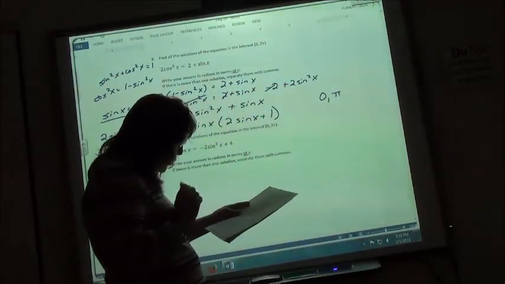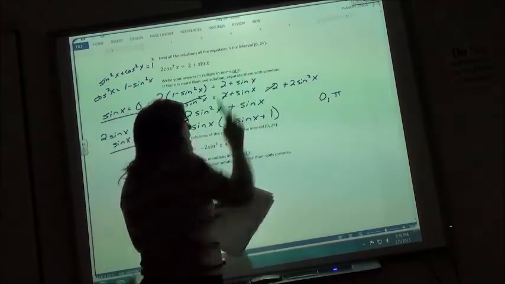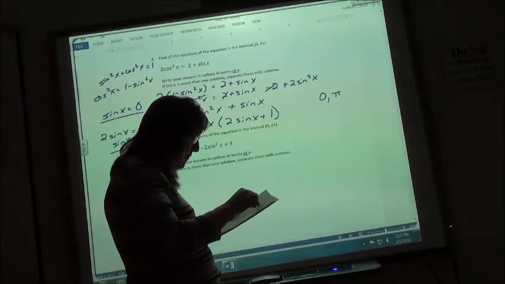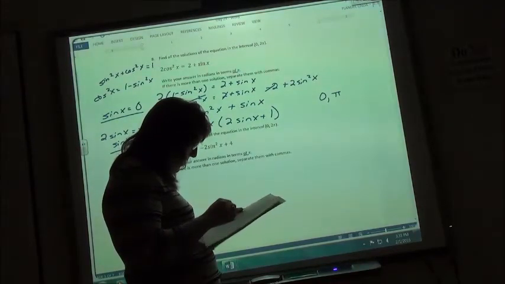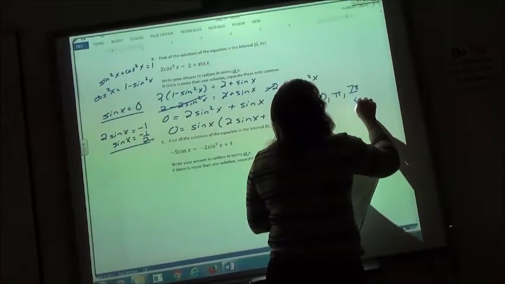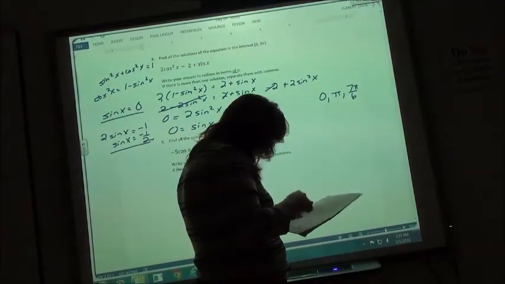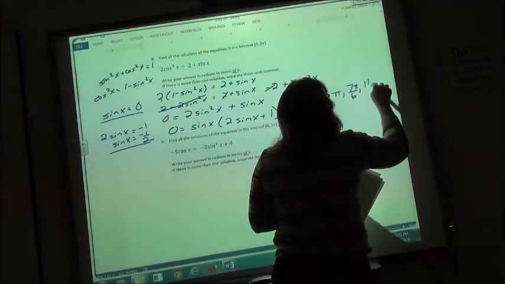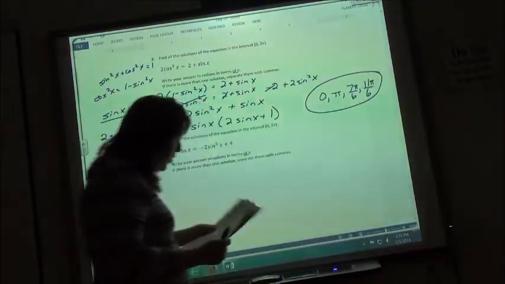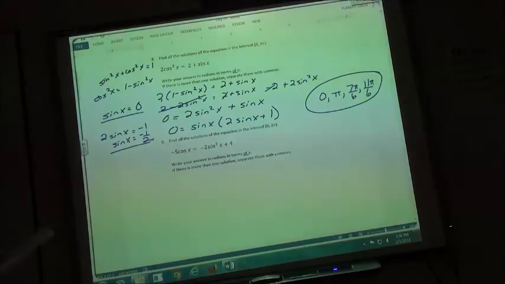It's also at 2 pi, but we're not including 2 pi in our answer. Sine of x equals negative 1/2 at 7 pi over 6, and negative 1/2 at 11 pi over 6. So all four of those are going to go in for our answer: 0, pi, 7 pi over 6, and 11 pi over 6.